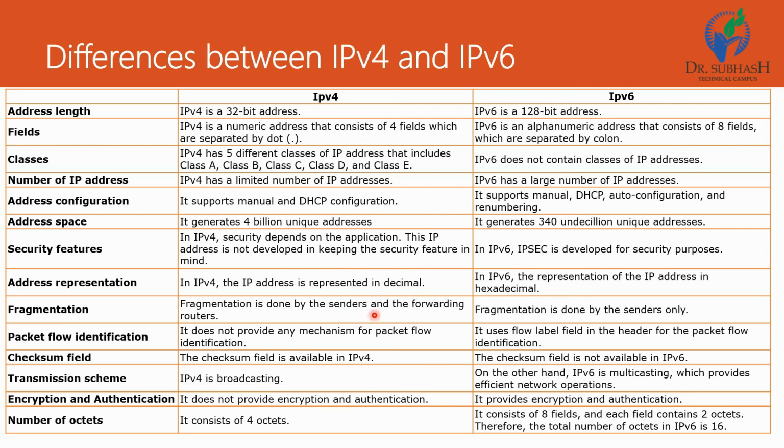In IPv4, fragmentation is done by the sender and forwarding router; in IPv6, fragmentation is done by the sender only. There is a checksum field in IPv4, while the checksum field is not available in IPv6. IPv4 can broadcast. IPv6 uses multicasting, which provides efficient network operations. IPv4 has 4 octets and IPv6 has 8 different fields.